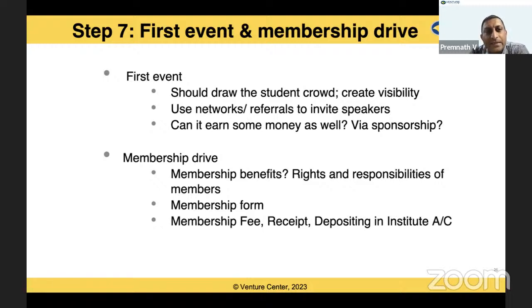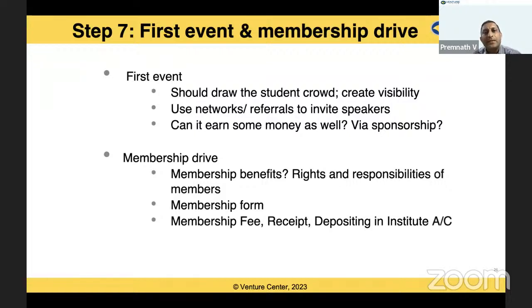The first event should be used for membership drives, clearly, but should also draw the right crowd and create visibility. You want to use it to make sure that there's enough interest in the organization. Of course, don't go by one event, but it will be a good idea to do it in such a way at the right time, such that students who are curious or who want to participate join in as members.